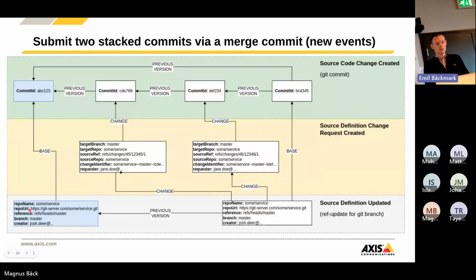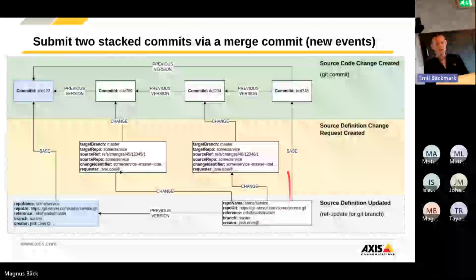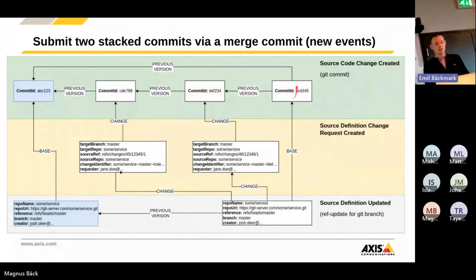It's simple because this is the old state and this is the new state. With this commit, we can test only this one if we want. If we want to test every single intervening commit, we can do that. But it's not ambiguous what has happened here.